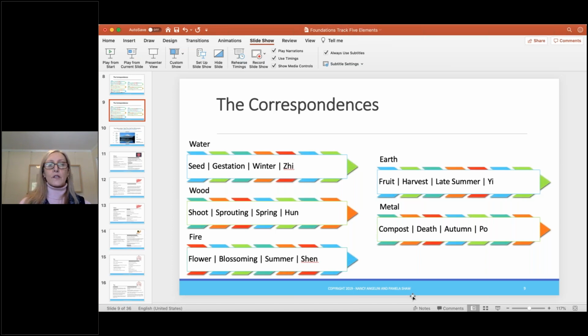The Shen is the spirit of fire, and the heart and small intestine. And earth is actually the fruit, right? After the blossoms drop off, the fruit emerges. It's the harvest, late summer, and it's called the Yi. And metal is basically things that are composting, right? It's death, it's autumn, and it's called the Po.